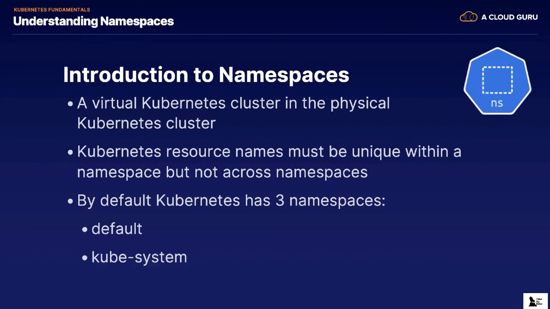The kube-system namespace, which is where all the Kubernetes system pods run, and the kube-public namespace, which is created automatically, and all users, including anyone who's not authenticated, can see what's running in the kube-public namespace. By default, however, there's no pods running in kube-public. And depending on what you have deployed in your cluster, you may have other namespaces, which you'll see here in our Minikube cluster in just a moment.